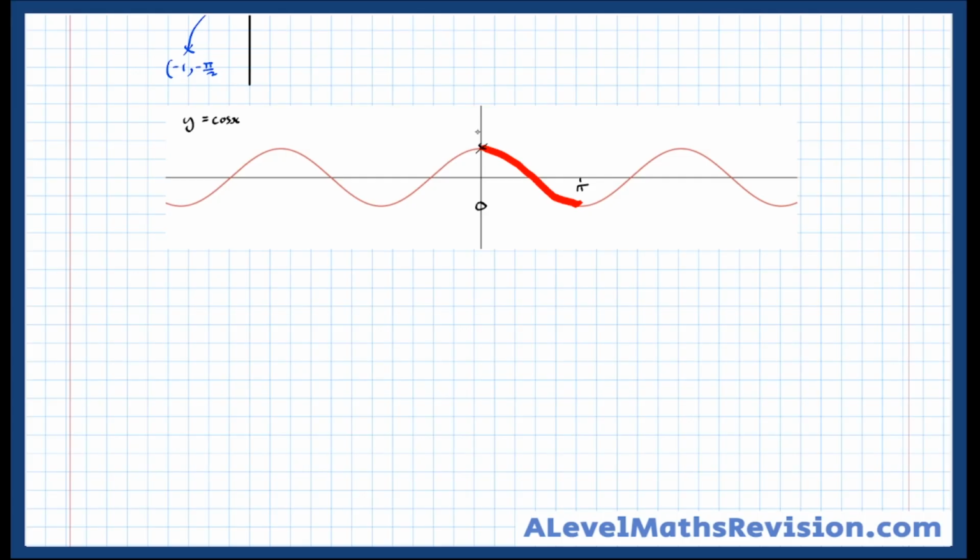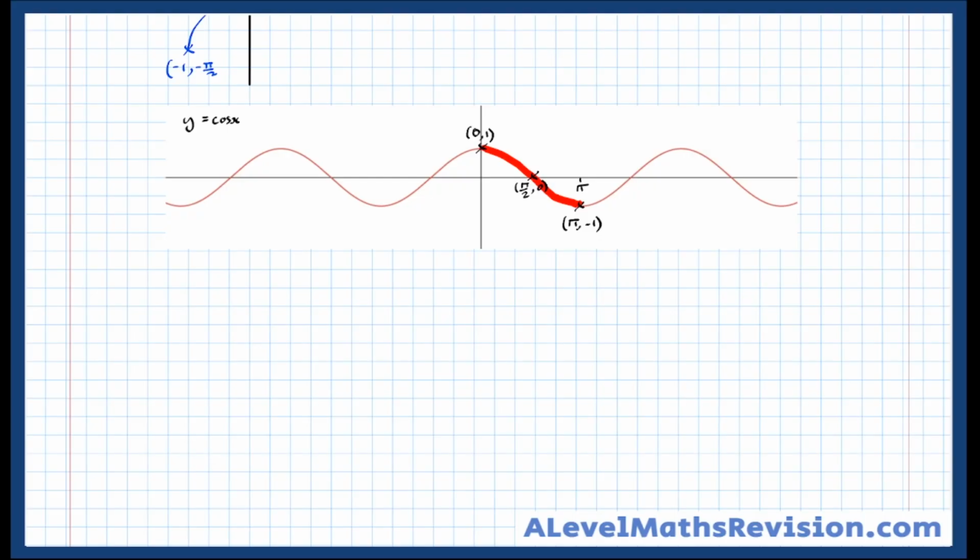So the maximum point is 0, 1 there, then passes through pi over 2, 0, then finishes at pi, minus 1.